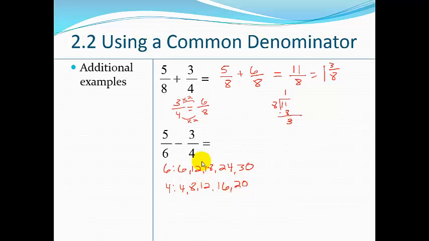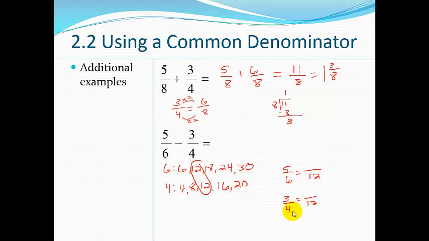I don't even really need to go any further because look, I have it right here. So these fractions need to become equivalent fractions with a denominator of 12. I'm going to rewrite 5/6 as a fraction over 12, and 3/4 as a fraction over 12.